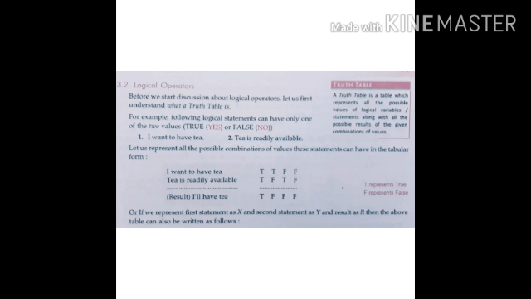So this table in terms of T and F which is given here is actually the truth table. We can see in this table that if we represent the first statement as x, the second statement as y and the result as r, then for each true value we write 1 and for each false value we write 0, because 1 and 0 represent true and false.